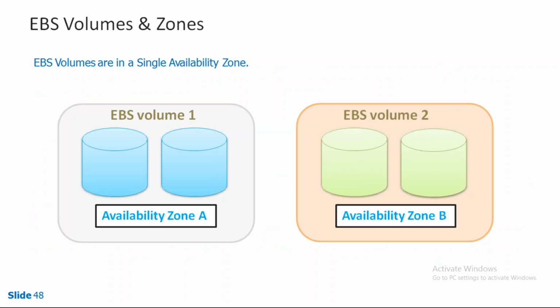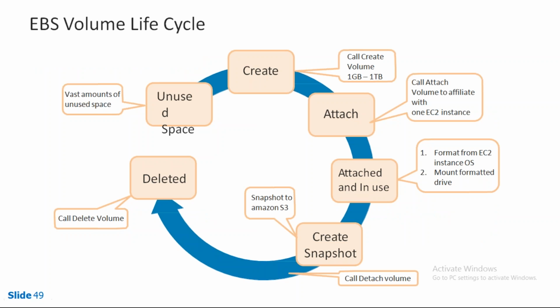Like I said, they are zonal. Whichever zone your instance is created in, you have to create your volumes in the same zone. EBS volumes in a single availability zone: volume 1 in zone A and volume 2 in zone B.